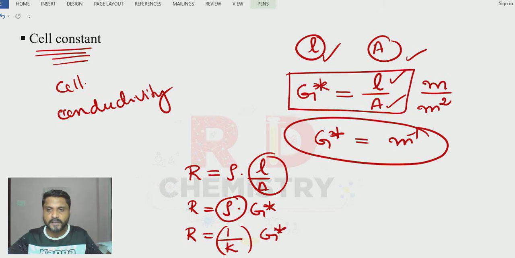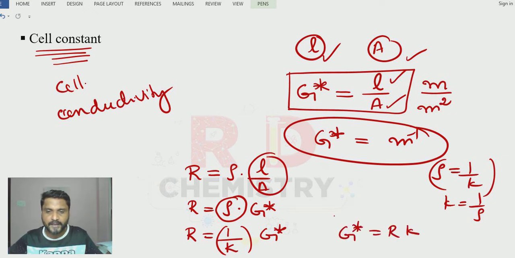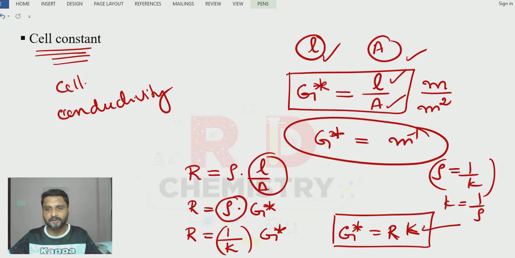You know that resistivity is 1 by kappa K, or kappa K is equal to 1 by rho, right? So I can write here G star is equal to R K. So I can find out the cell constant if I know the resistance of the solution and conductivity of the solution. Okay, or the reverse way around, I can find out the conductivity of the cell knowing the cell constant given and the resistance of the solution. Clear? Right?